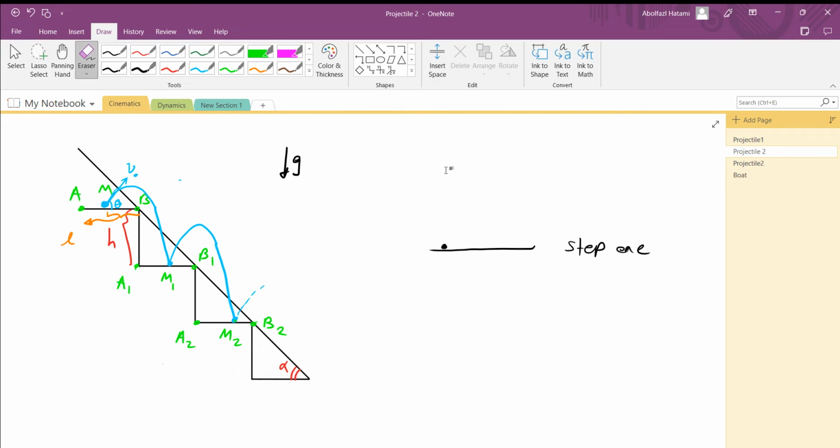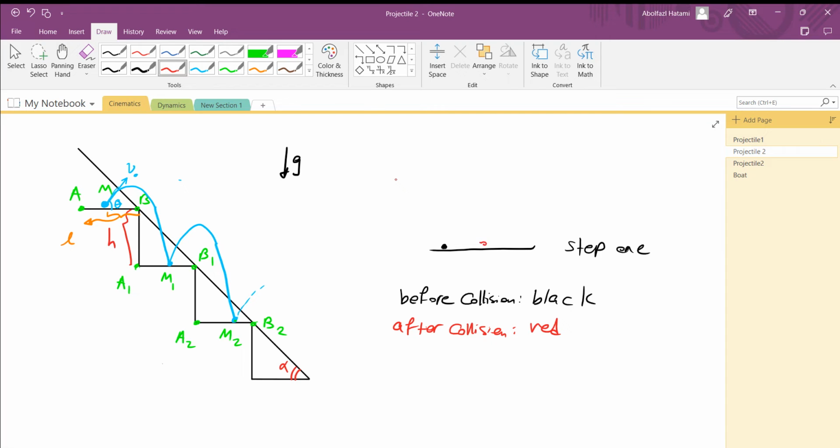Let me write it, for example, before collision here, in black color. And after collision, with red color.